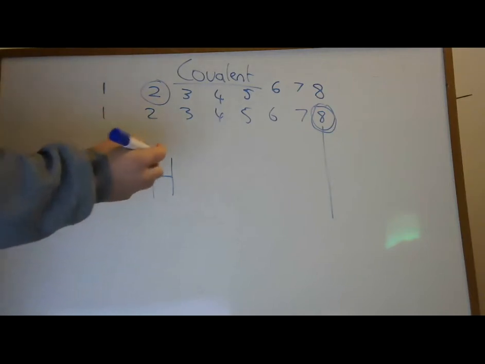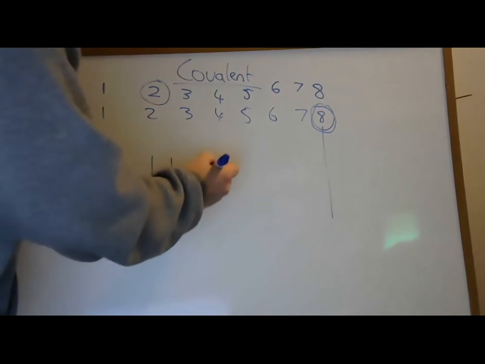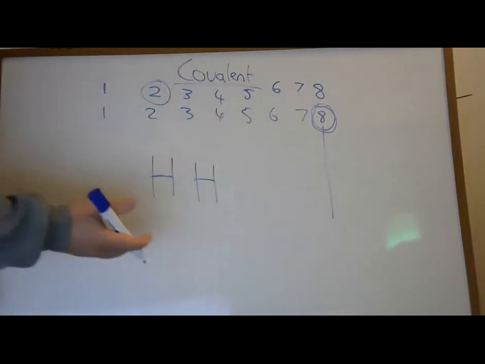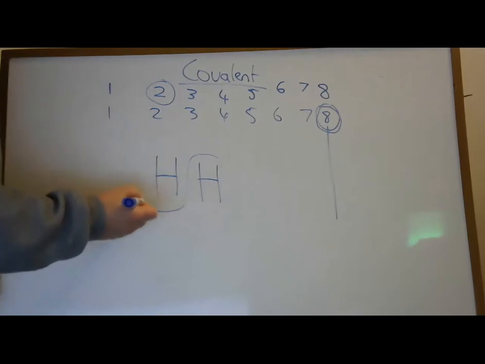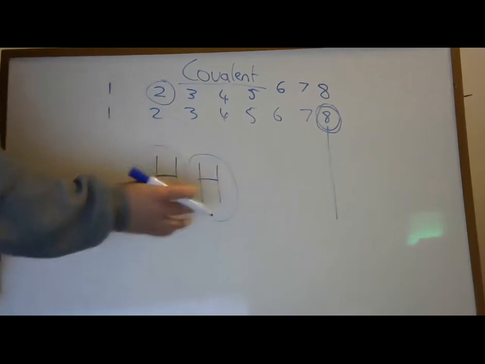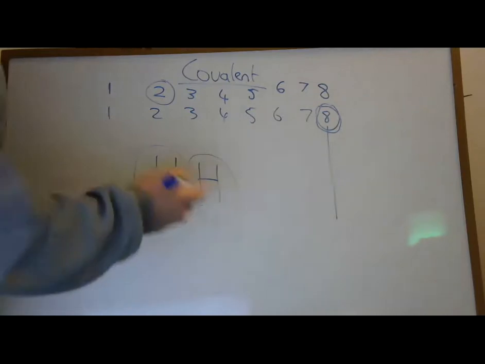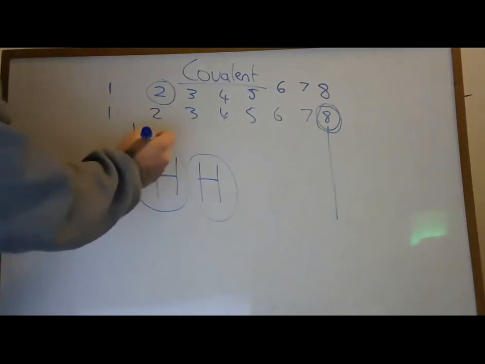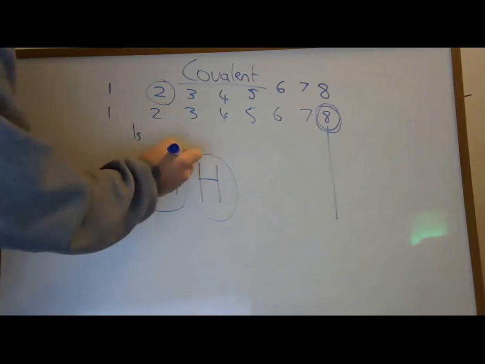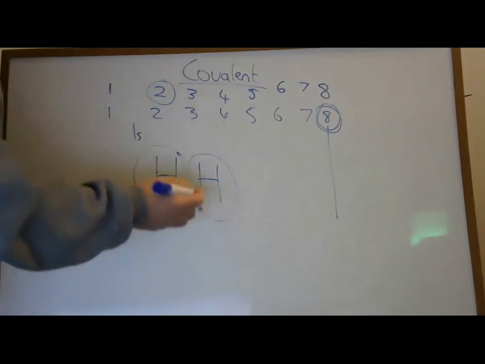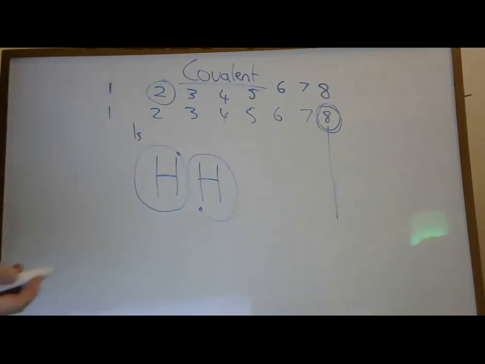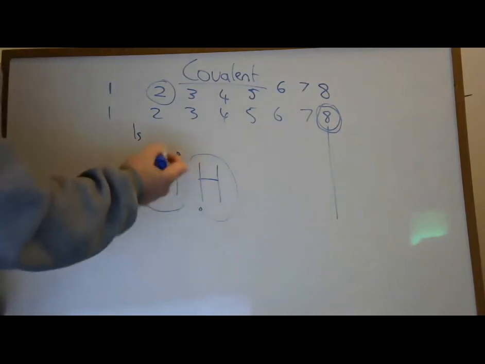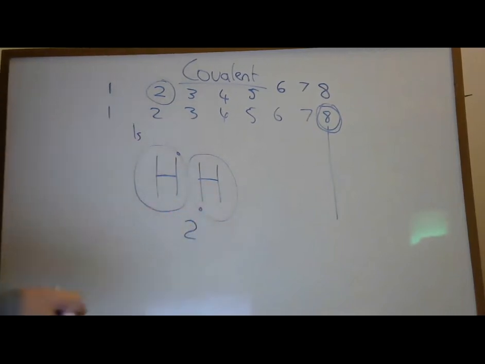So 2 hydrogen atoms come together, and if we think about the outer shell, or the 1s shell, then they share the outer electron that they have, the one that they have. So then they both have 2. Happy days. They're in their stable, noble gas configuration.